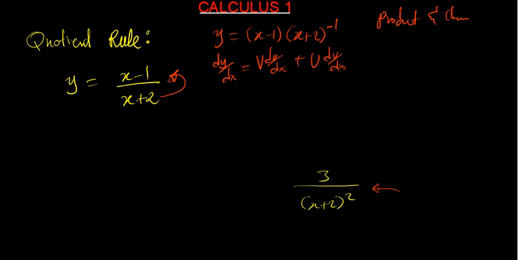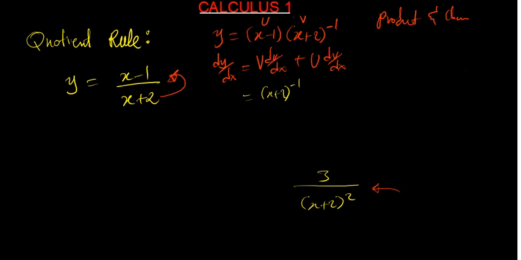So if we say this is our u and then this is our v, so that is what we are saying. Okay, is the formula okay? So our v we are going to get just the way it is. So that is our x plus 2 to the power negative 1.